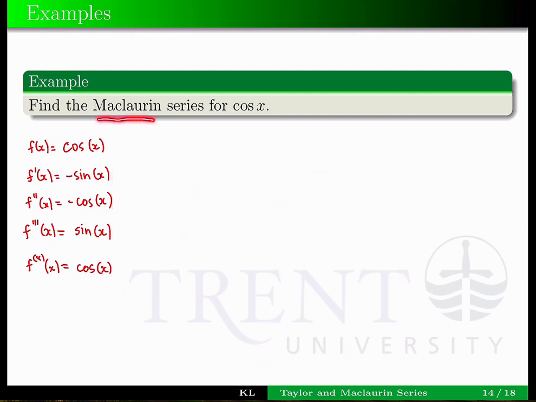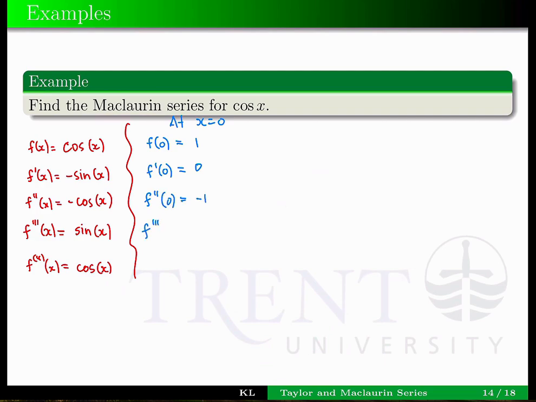We want the Maclaurin series, which means that we need to evaluate this at x equals 0. So let us just write it here. At x equals 0, we have f of 0, this is equal to 1. F prime of 0, this is equal to 0. F double prime of 0, this is equal to negative 1.